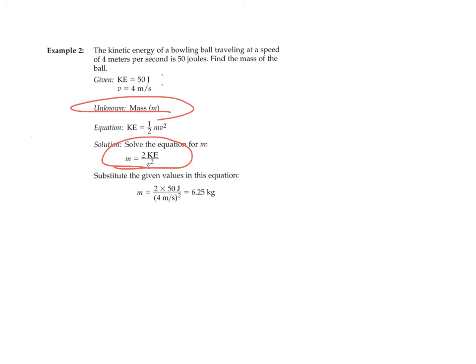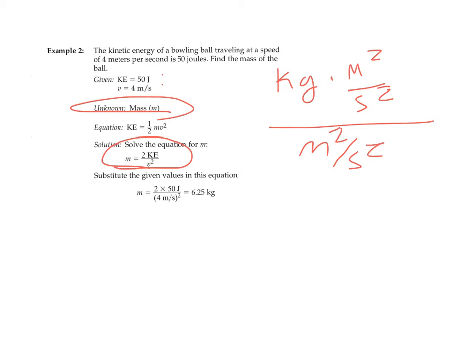So let's show how you do that. So what exactly is a joule? A joule is a kilogram times a meter squared divided by a second squared. All right? And if we take that and we divide it by a meter squared second squared, because down here it's meters per second, and everything is inside the parentheses, that means everything is squared.